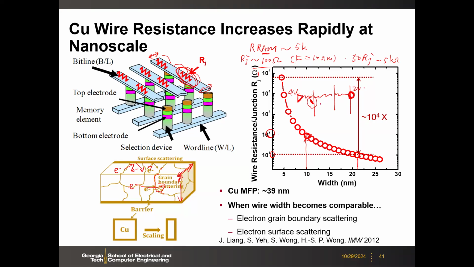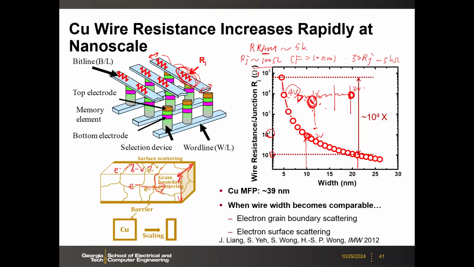This cell, with V over 2 meaning 2 volts here, will also see 2 volts. You don't want to write it, but this 2 volts will disturb it. So this IR drop problem will make the design margin almost 0 if you have large cell interconnect resistance.